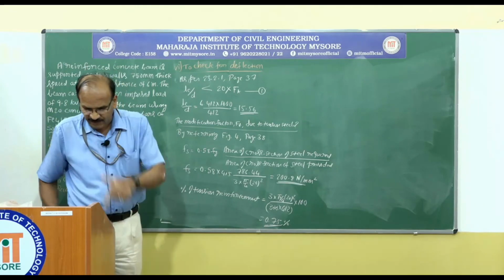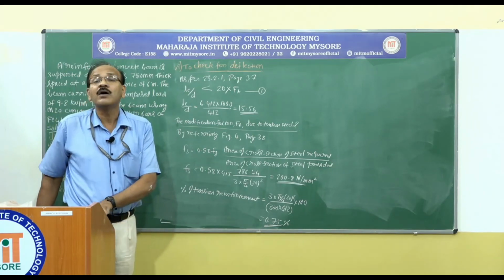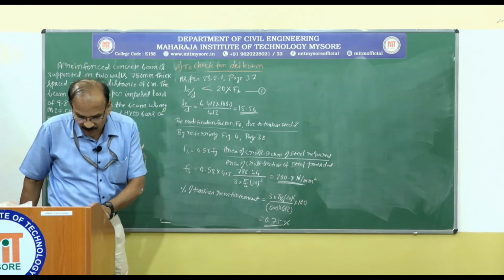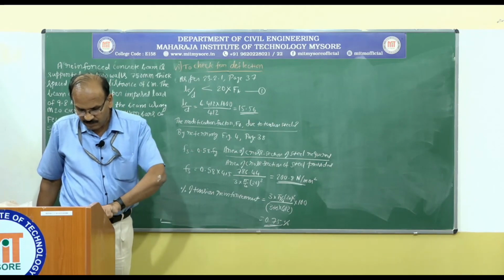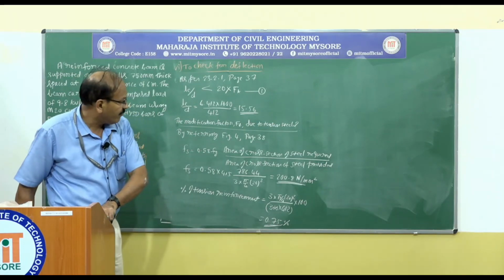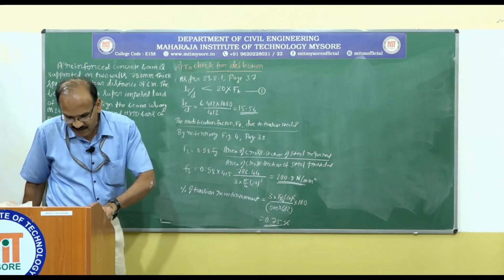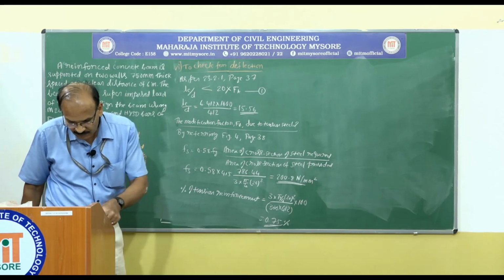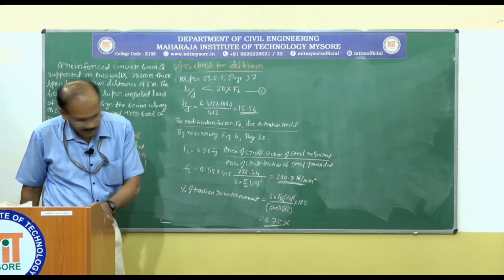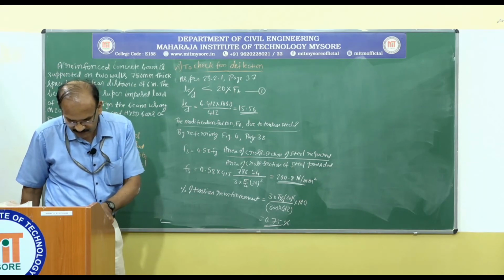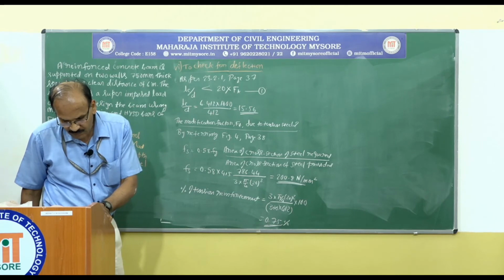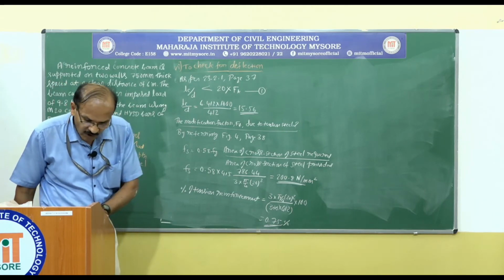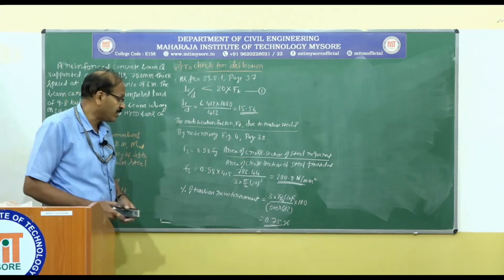So by referring to the graph, figure 4 on page 38, for 0.75% of tension reinforcement, if you go up for an Fs value of 200.8, I am going to get the value of modification factor equal to 1.25.